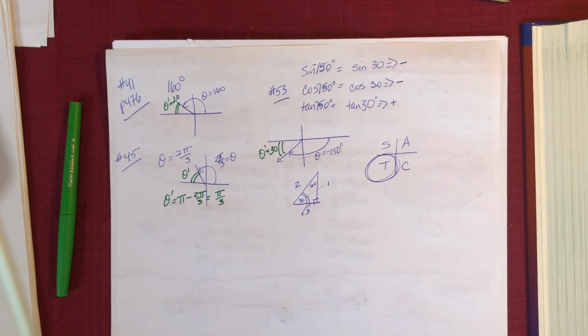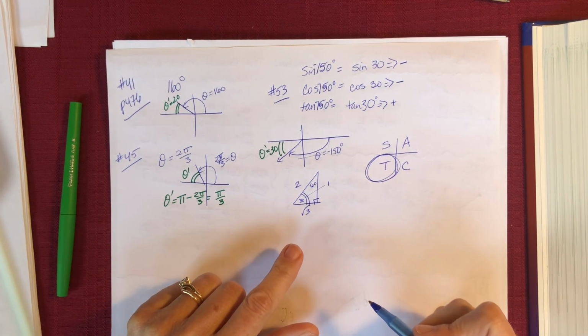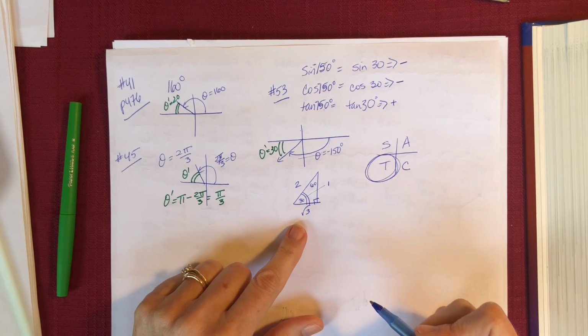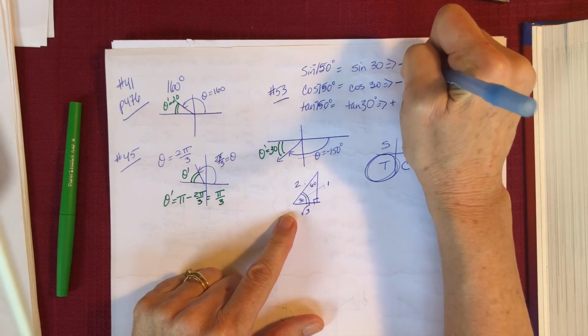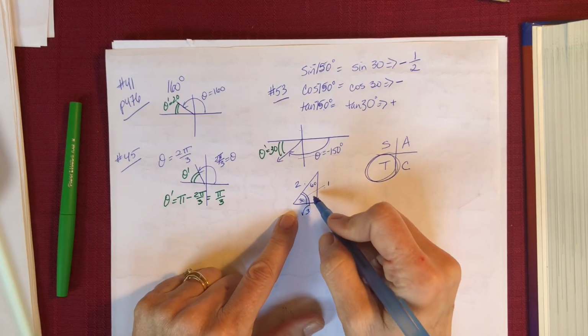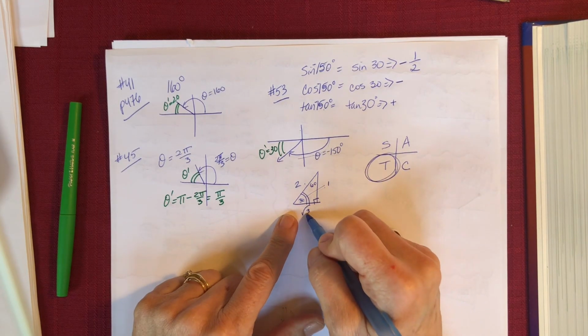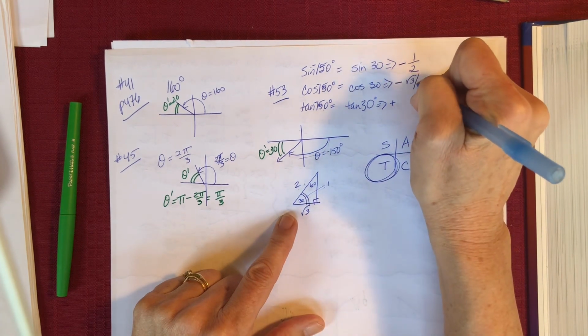So my sine, what's my sine going to be? The sine of 30, that's 1/2, right? Sine, SOH, opposite over hypotenuse, 1/2, but it's going to be negative, so negative 1/2. Cosine, CAH, adjacent over the hypotenuse, so that's going to be √3 over 2.